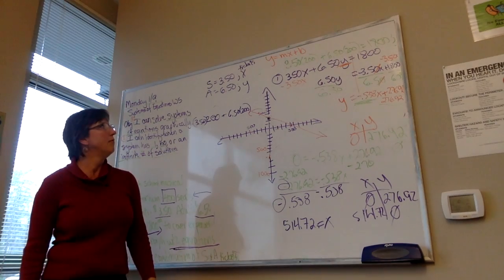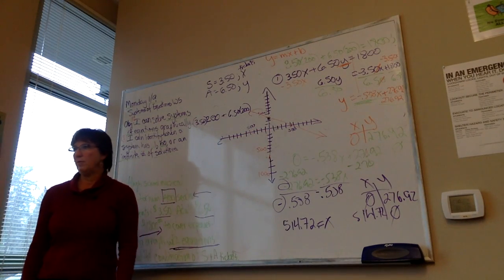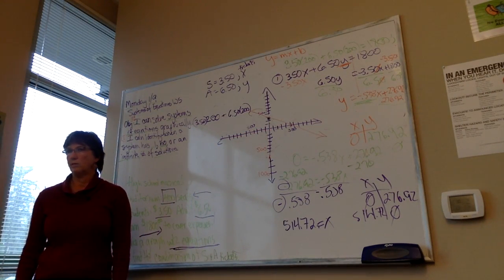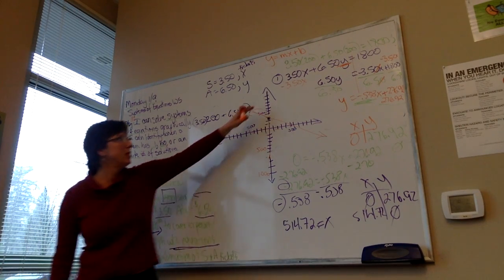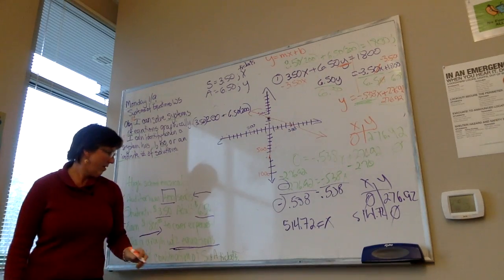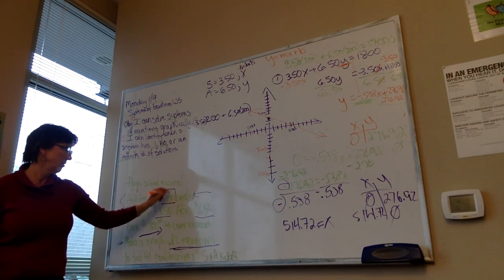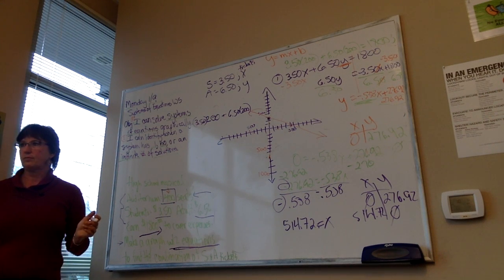Okay, so we have one graph, one line, but we have a system of equations. What's the other equation? So this one dealt with the cost. How about seats? Are we constrained by the seats? Yeah.